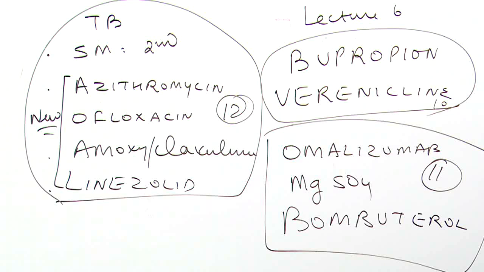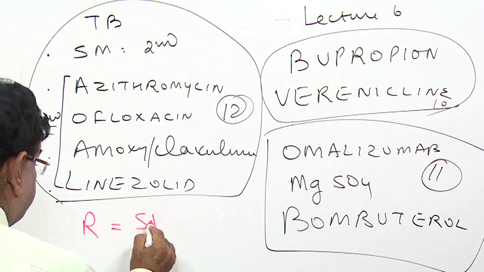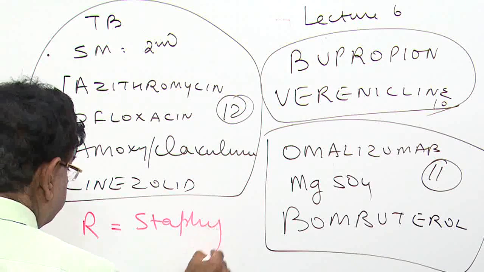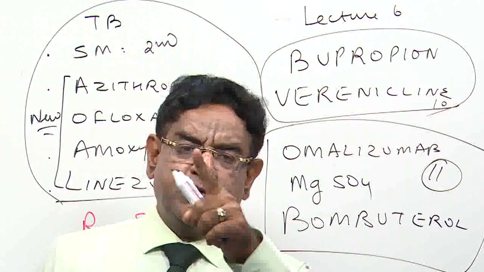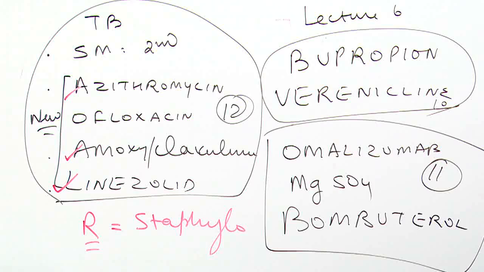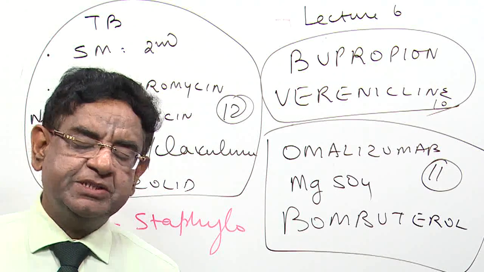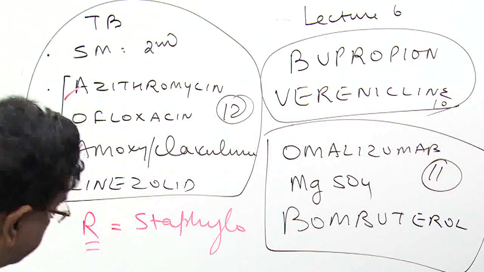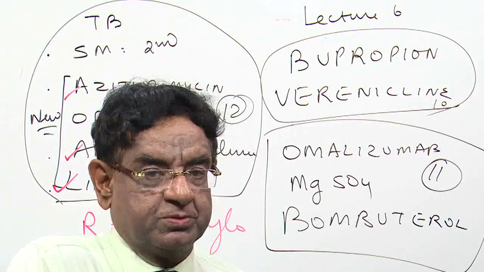And one more information you must share. Rifampicin is a very good anti-staphylococcal agent also. Please note, these drugs, which are the new anti-tubercular drugs, we were primarily using as anti-staphylococcal agents, and rifampicin is a very good anti-staphylococcal agent also.